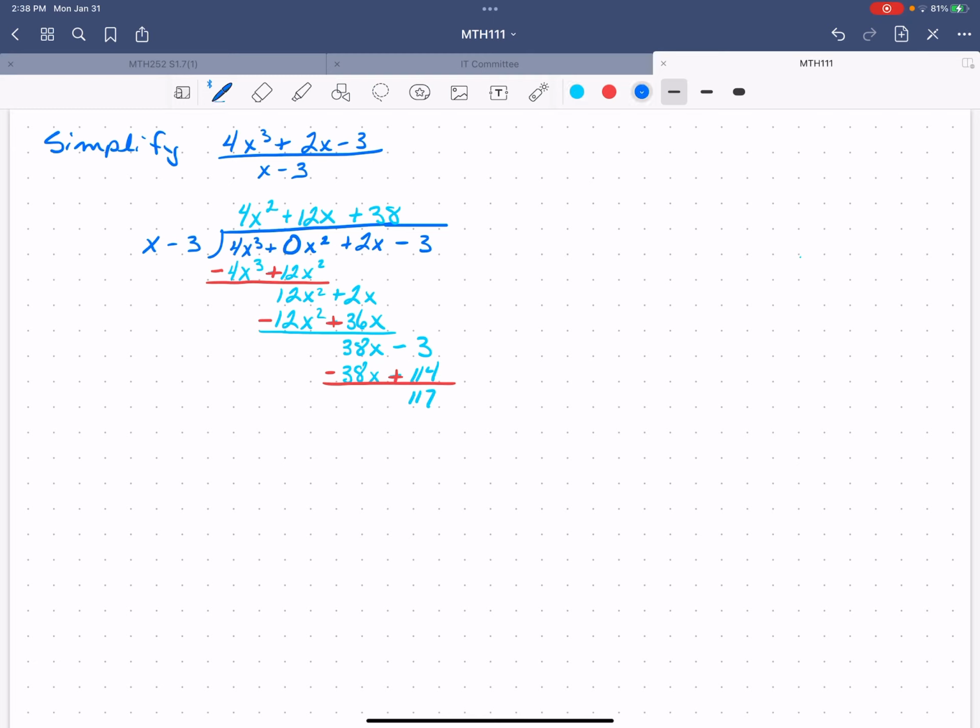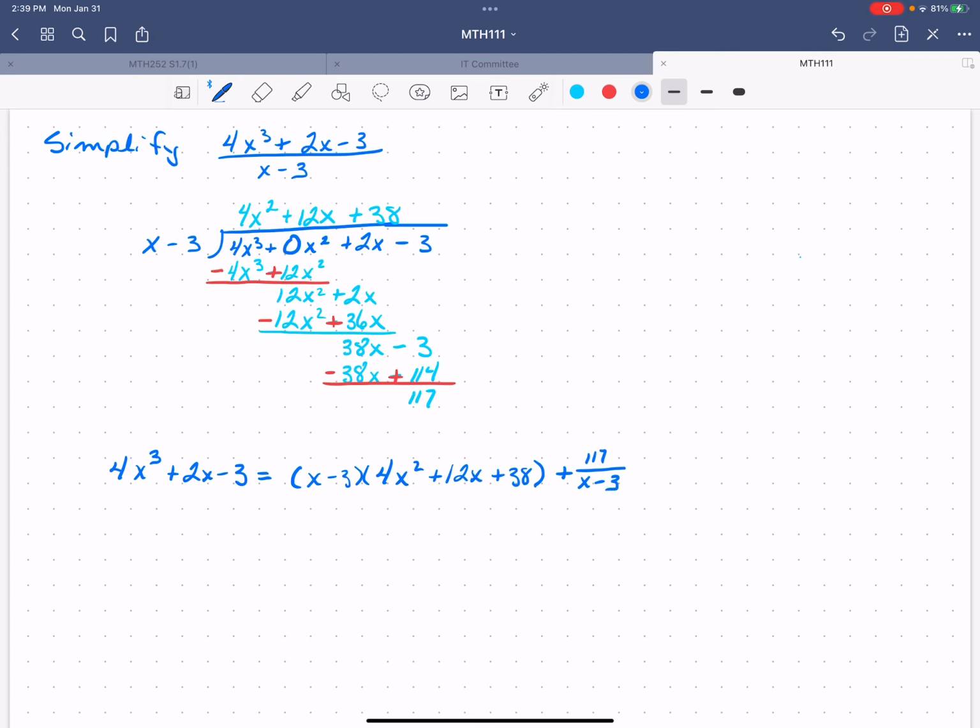And in fact, what it means is that 4x to the third plus 2x minus 3 can be rewritten as x minus 3 times 4x squared plus 12x plus 38. But what do I do with that remainder? Well, I add it to 117 divided by whatever we're dividing by.